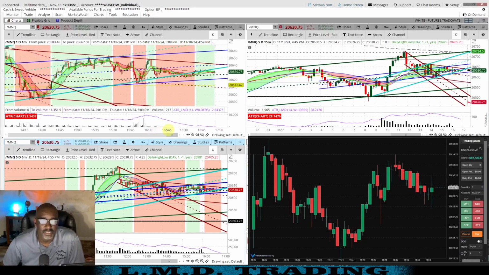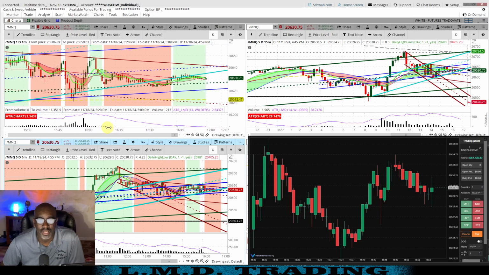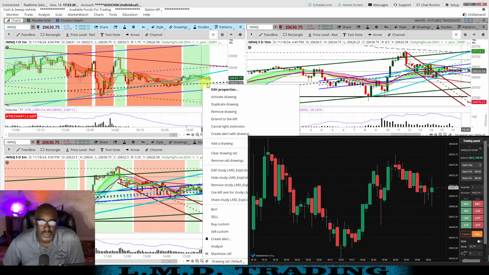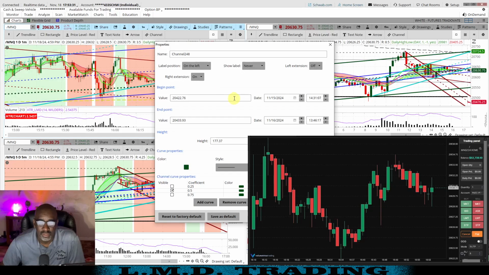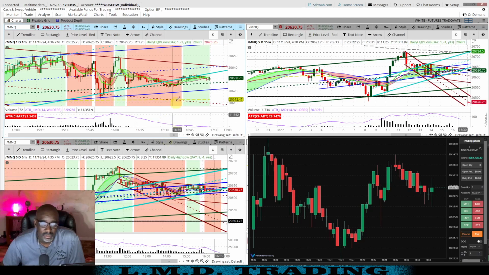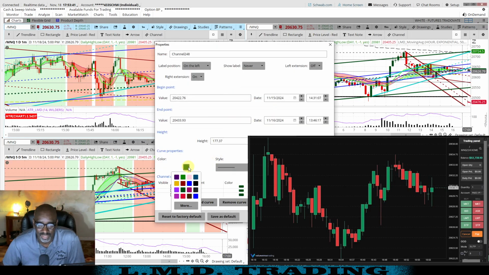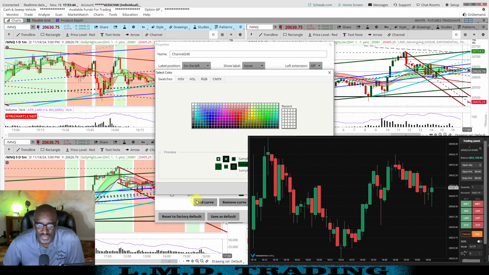And now let's look at the 1 minute that has all of that going. Let's see what that is. I really don't like that color because it's kind of clashing. Let's try to find a better color that would work.